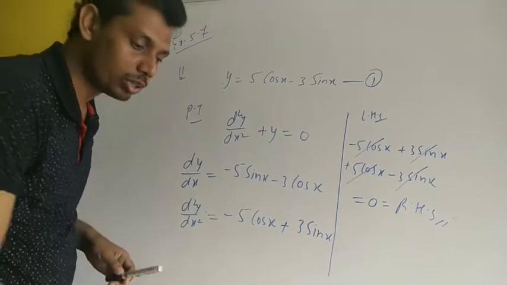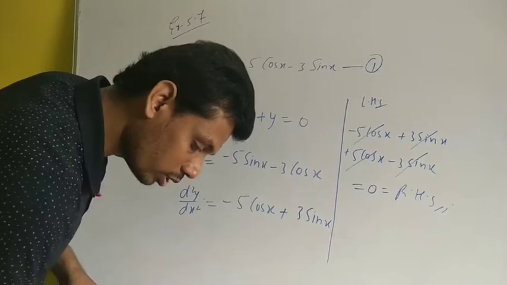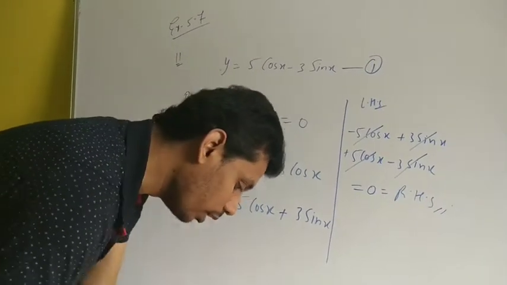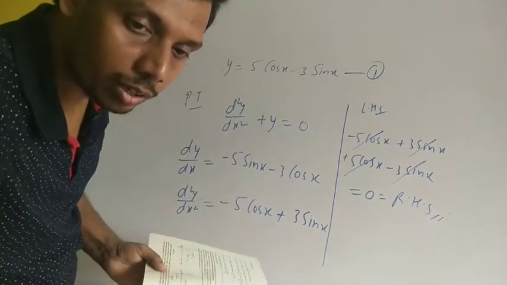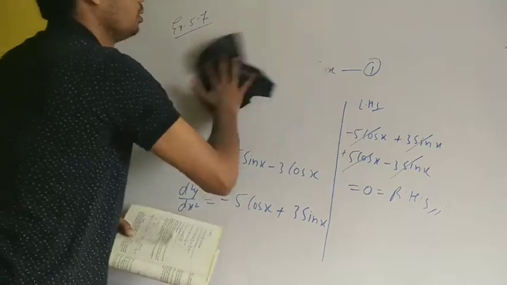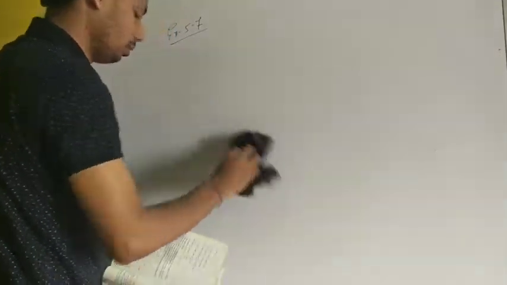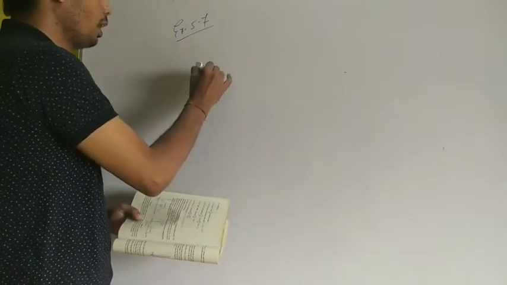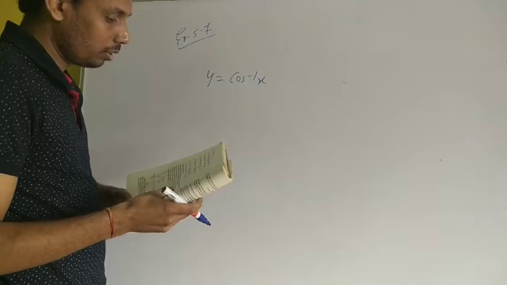Now let us start with question number 12. Now see, in question number 12, it is given that y is equal to cos inverse x.